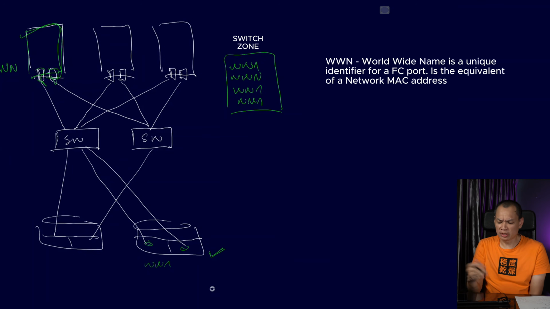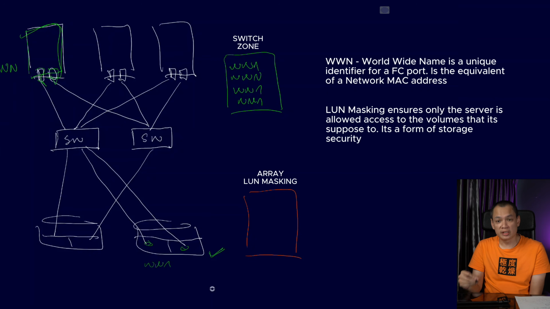What happens if multiple servers still access the same storage? Wouldn't that server be able to see everything? Yep, that's true. So that's where LUN masking comes in. LUN masking is a configuration that is created on the storage where you define the volumes mapped to whichever host it may be. So in this case, you can define a LUN mask to map against this particular server.